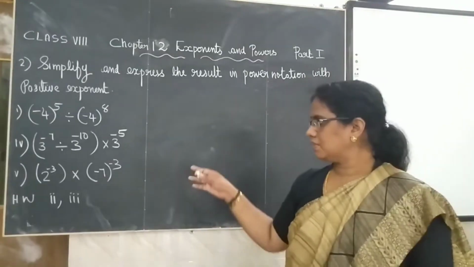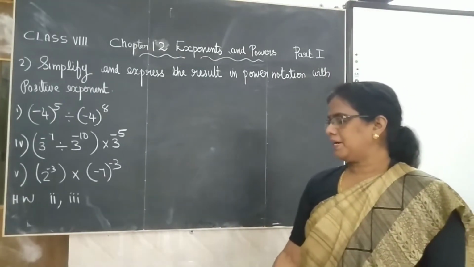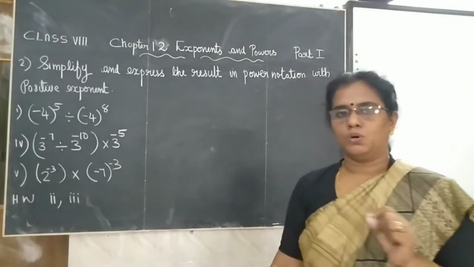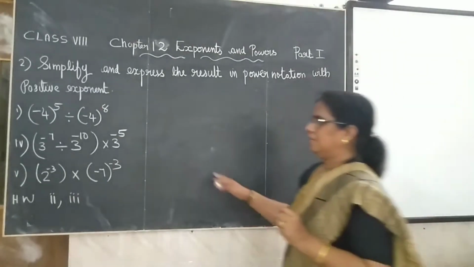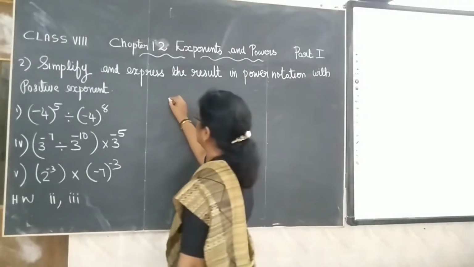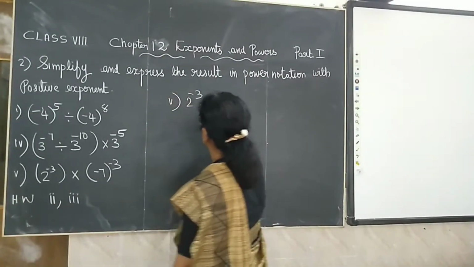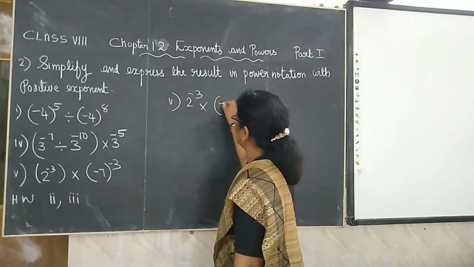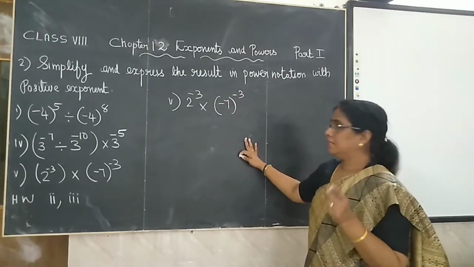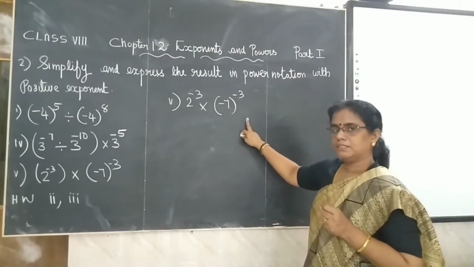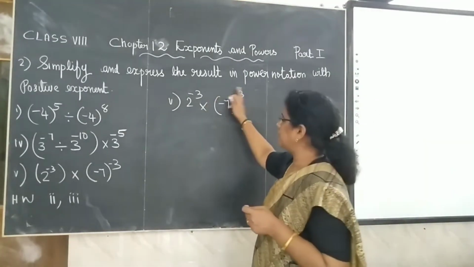Now we will discuss the next question, question number 5: 2 raised to minus 3 multiplied by minus 7 whole raised to minus 3. Here in both the cases the power is the same.